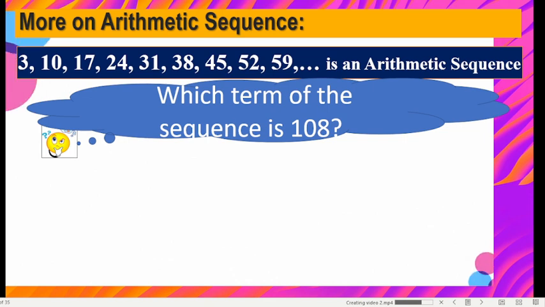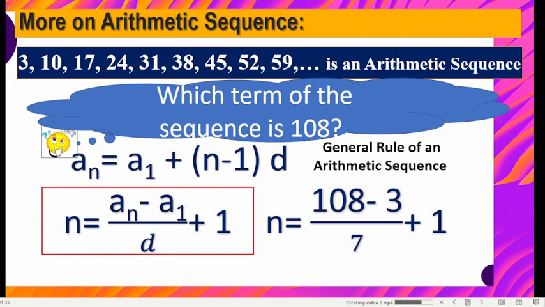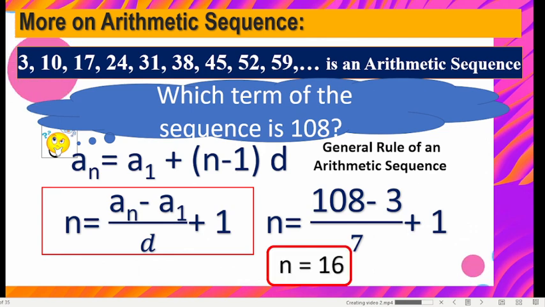Another way of finding the n term of the given arithmetic sequence, 108, is using the general rule of an arithmetic sequence. Manipulating this formula, we will have n equals a sub n minus a sub 1 all over d, plus 1.